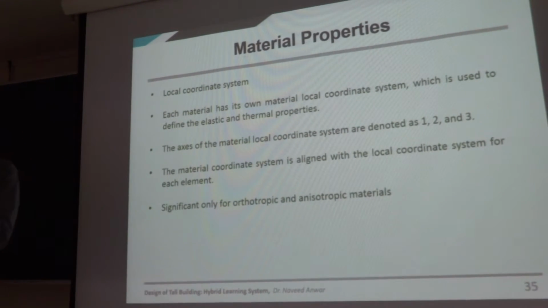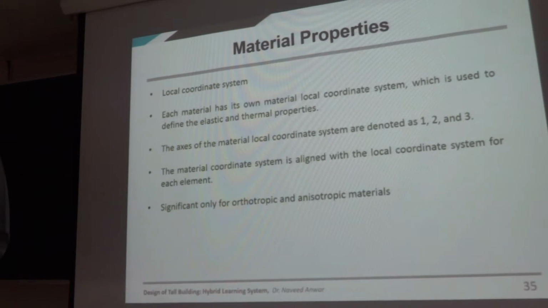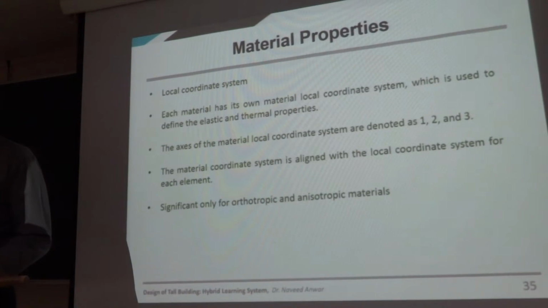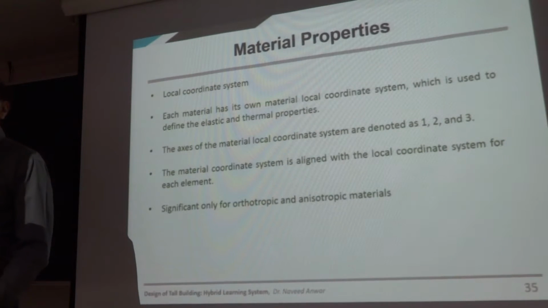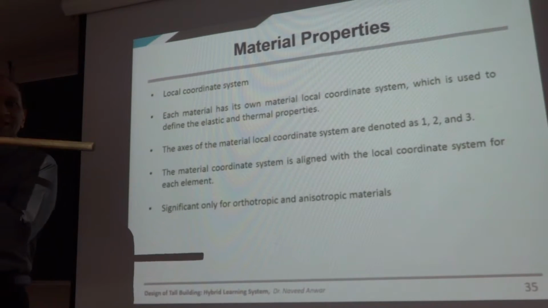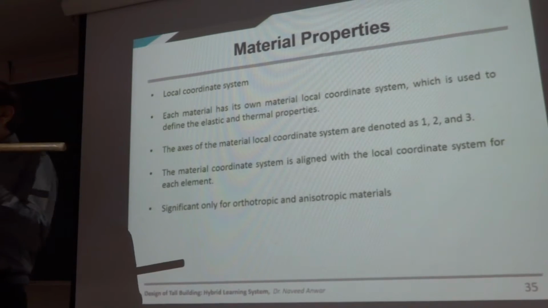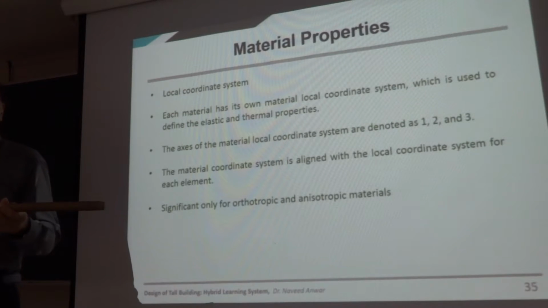But normally, when you model a beam, you don't even model the rebars in the beam. You just model the concrete, right? And you don't care about local coordinates of the concrete. You only care about the local coordinates of the element because we are going to represent it as a line. So everything is sort of merged into one element.